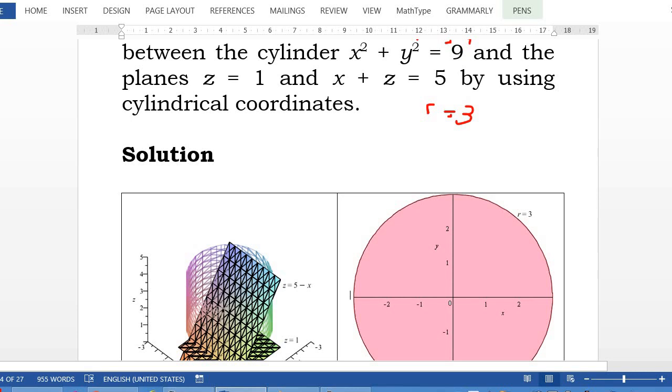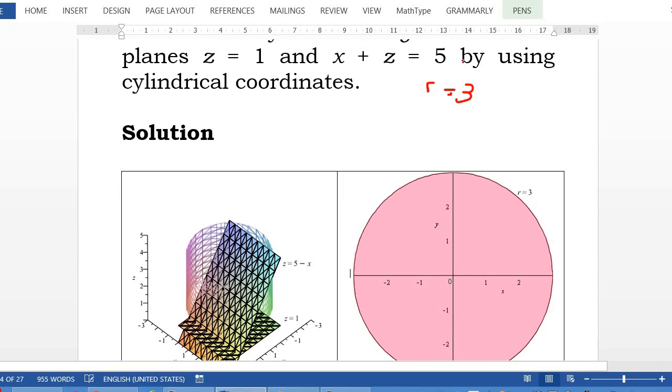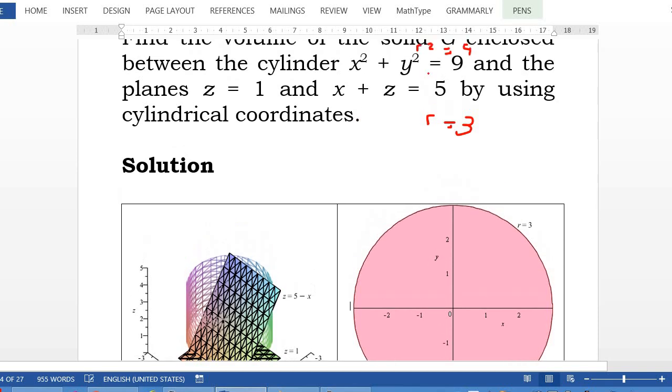The plane z equal to 1 is the bottom surface. From the plane x plus z equal to 5, z turns out to be 5 minus x, because the cylinder x squared plus y squared, without the variable z, is parallel with the z-axis. So your solid is actually a cylinder with radius 3 units centered at the origin and parallel with the z-axis, bounded by the bottom surface z equal to 1 and the upper surface x plus z equal to 5.